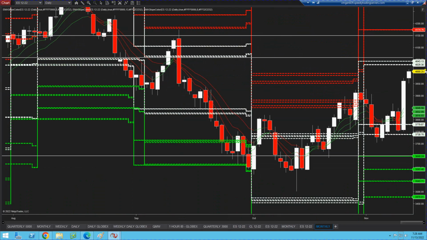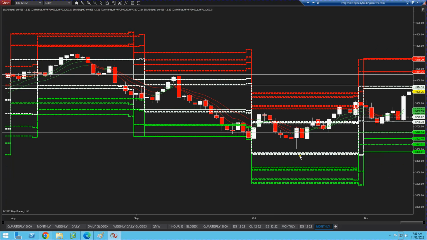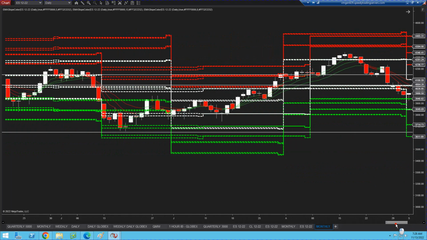So if you just want to look at monthlies, or if you want to make a new distribution for 50 days or whatever, you can draw a bell curve and know your levels to trade to.